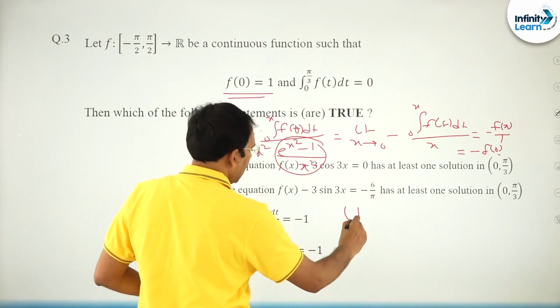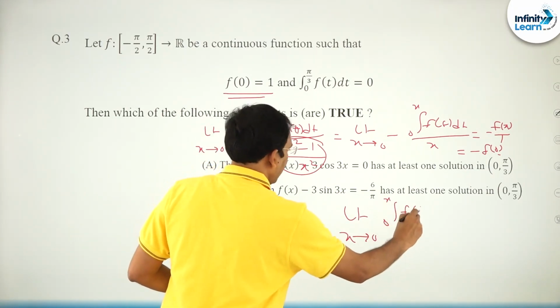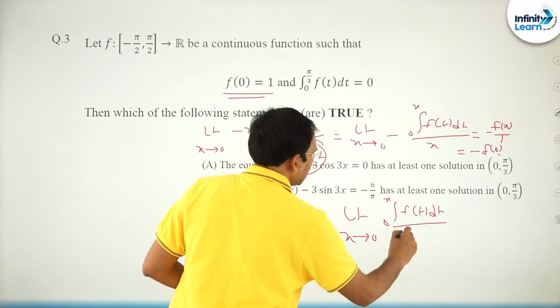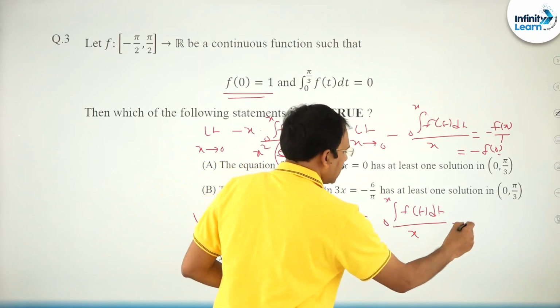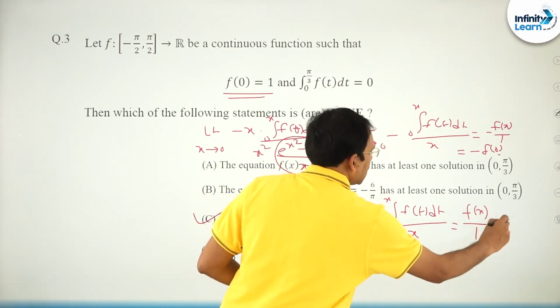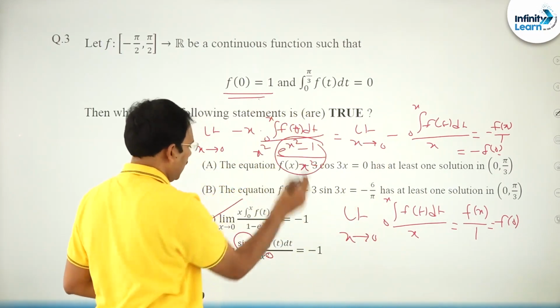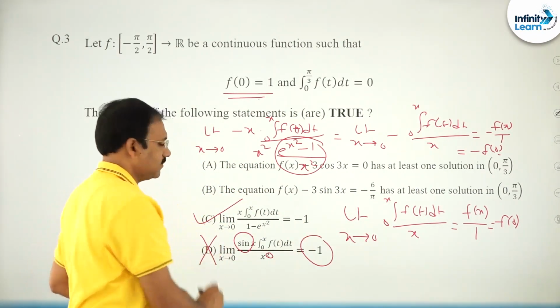Now this is the limit as x tends to 0 of the integral from 0 to x of f of t dt by x. You just apply L'Hospital's rule; by Leibniz formula you will get f of x by 1, and the limit as x tends to 0 means f of 0, which is 1, but he has given minus 1, so this option is wrong.